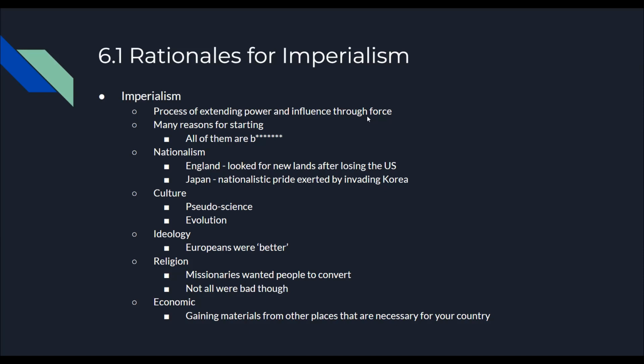Along with that, you have cultural and religious motives for imperialism. One is the white man's burden, which basically held that white men were able to civilize the brutes. It was a rationale of saying, these people can't help themselves. Look at how undignified and uncivilized they are.